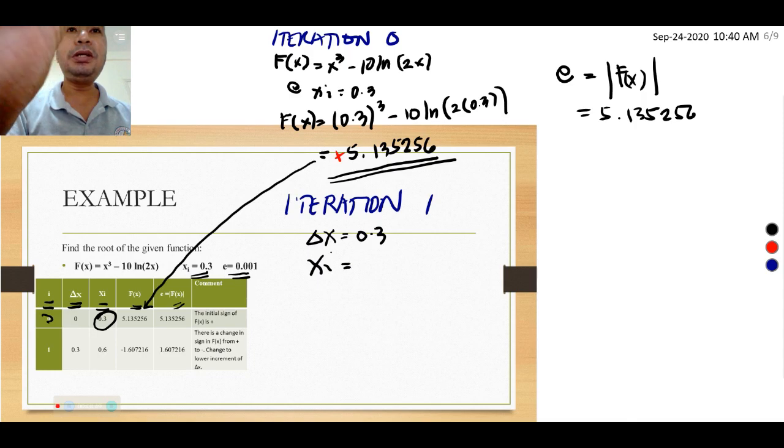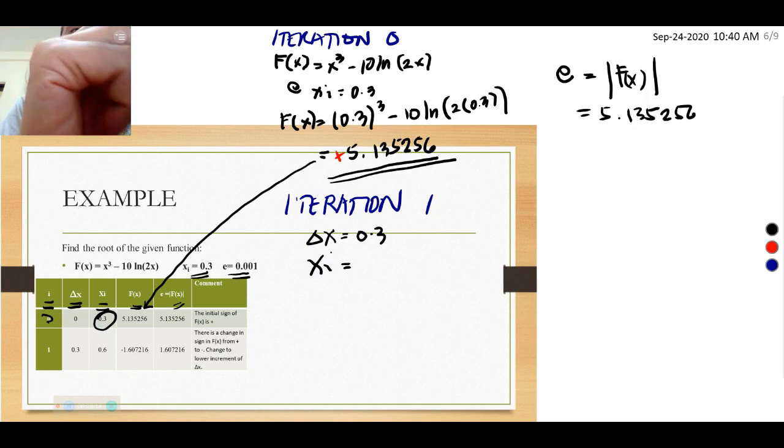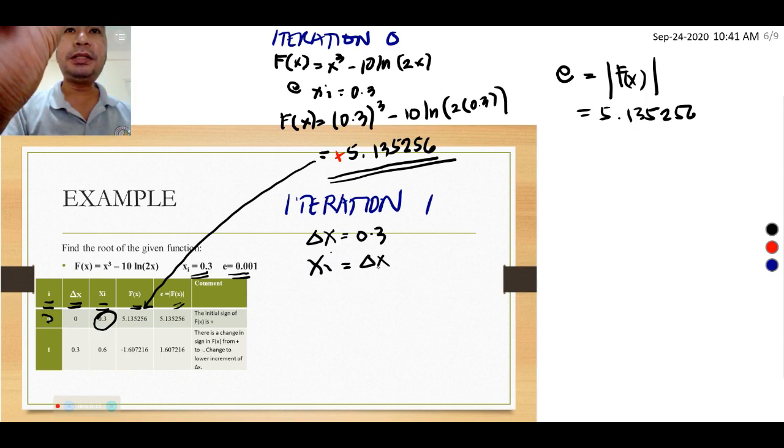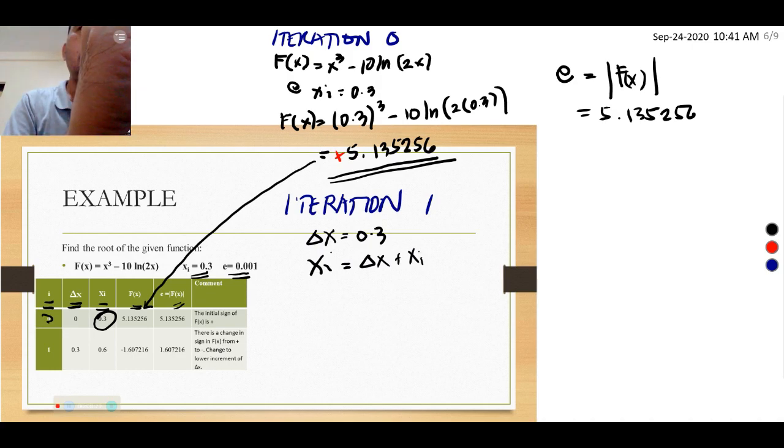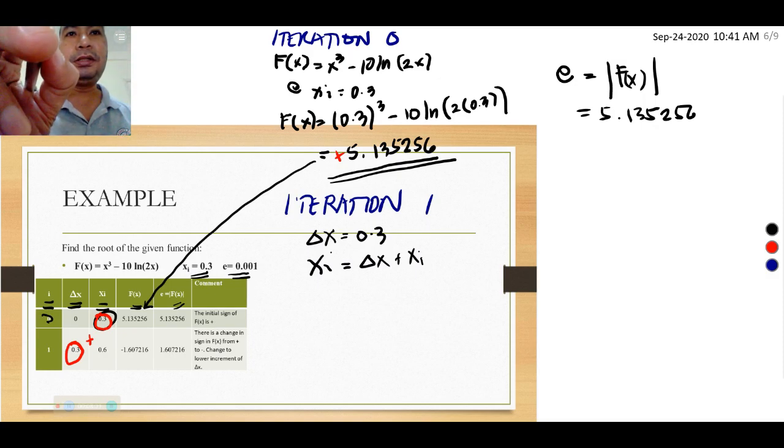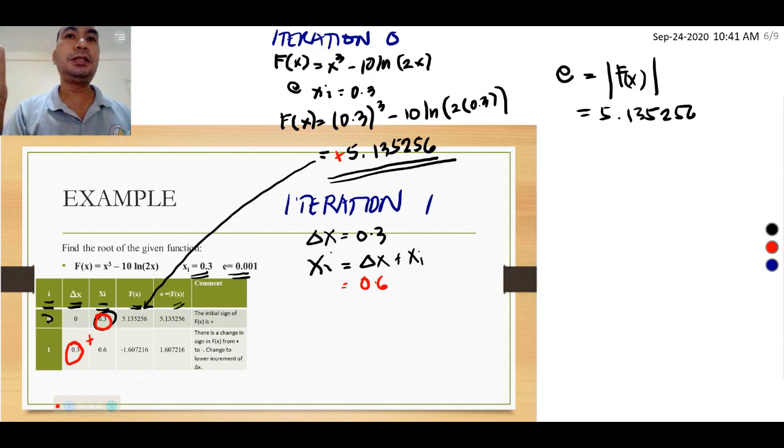Xi will be equal to your delta x plus your initial xi. So that means we will be adding 0.3 plus the 0.3. That makes it 0.6.